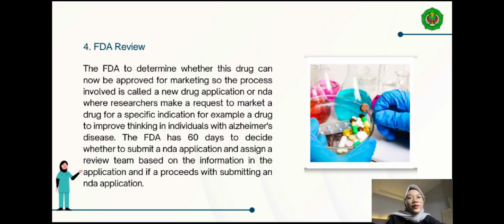And for FDA review, the FDA determines whether this drug can now be approved for marketing, so the process involved is called a new drug application or NDA, where the researcher makes a request to market a drug for a specific indication, for example, a drug to improve thinking in individuals with Alzheimer's disease.